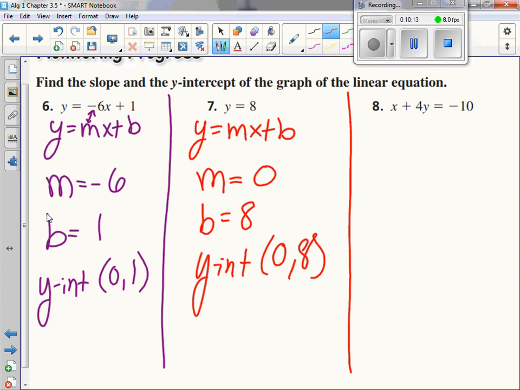It's going to be a horizontal line. So the value b is 8, and our y-intercept is the point 0, 8, because that's where it crosses the y-axis. That is its y-intercept. Any questions on this here? Okay.